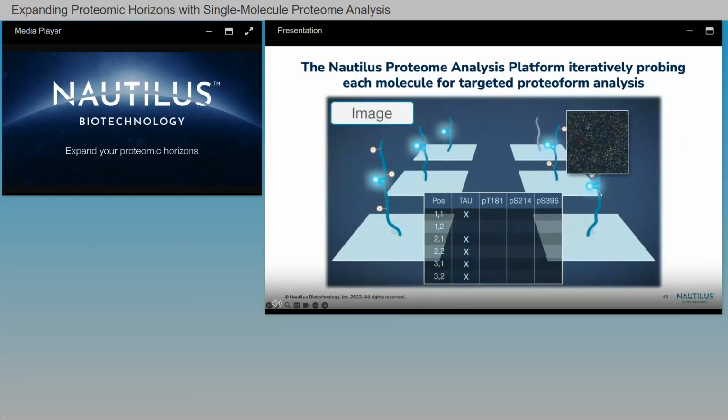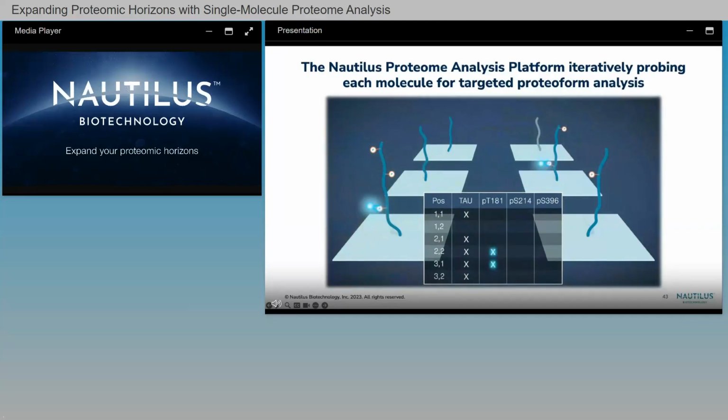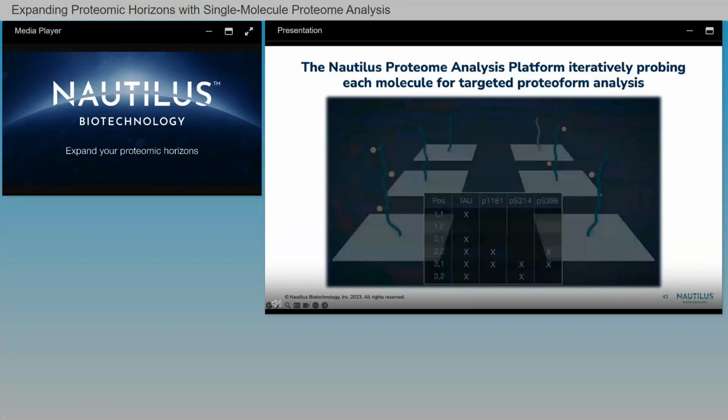We then can introduce site-specific reagents to light up where all of the phosphothreonine 181 modifications are. And then wipe it off, come in again, and look at the phosphoserine 214. And by doing this over and over and over again, one is able to gain increasing detail about each molecule.